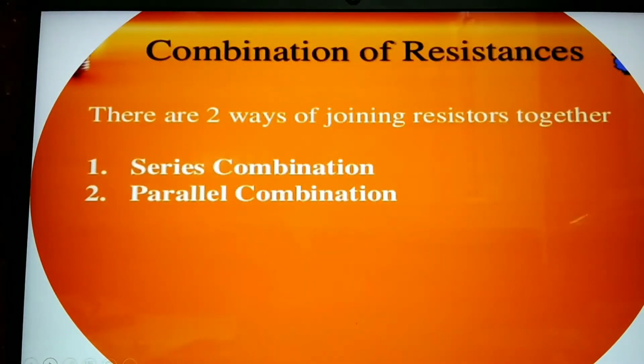Combination of resistances is necessary since sometimes we need to use more than one resistor in a circuit. Mainly there are two combinations, that is series combination and parallel combination. The third one is mixed combination of resistors. Series combination is used to increase the total resistance of the circuit, whereas parallel combination is used to reduce the resistance in the circuit.